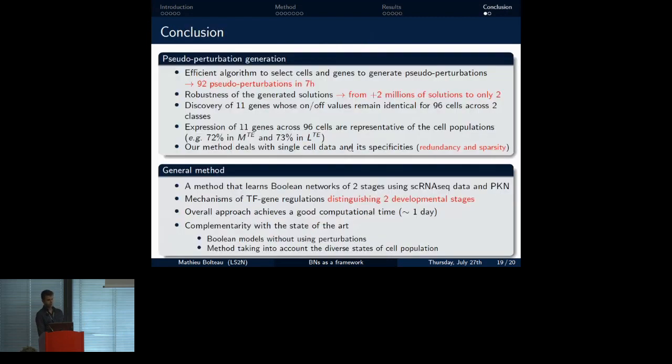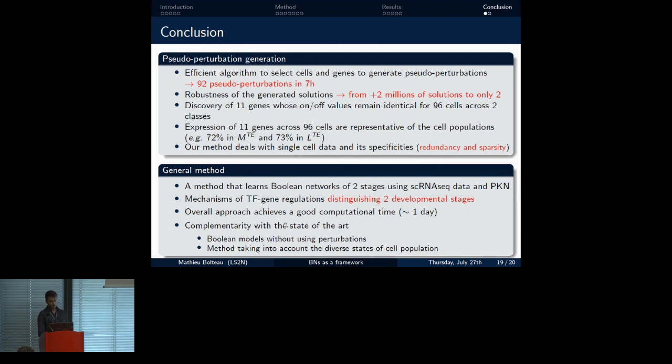To conclude, I introduce to you two main contributions. The first is an efficient algorithm that generates robust solutions. We discovered 11 genes with the same expression vectors across the two classes, and these 11 genes are representative of the cell population.